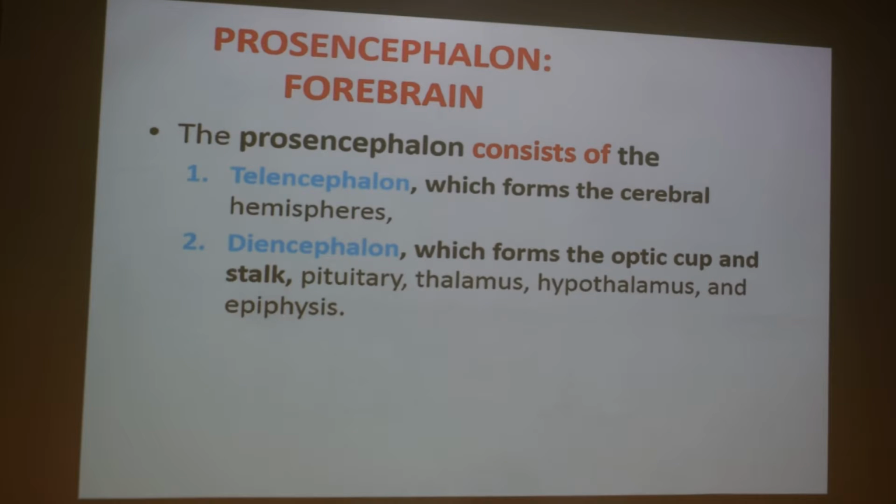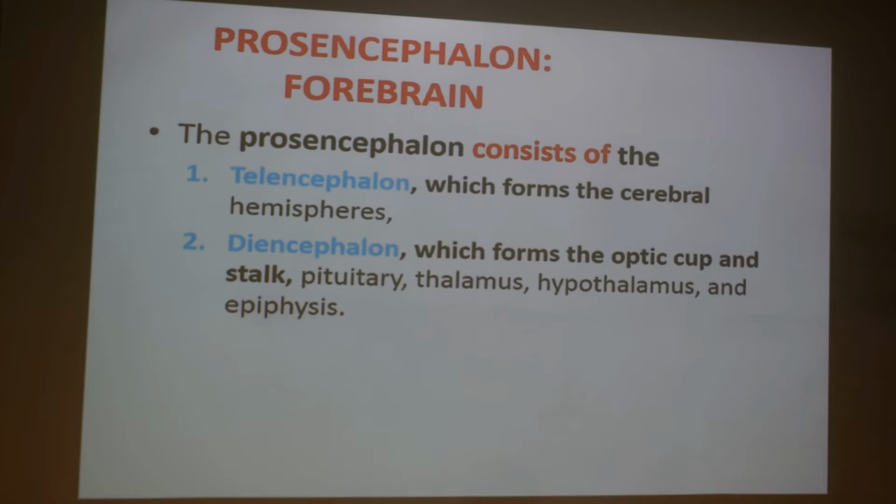The other thing which we said about the prosencephalon is that there would be no more basal plate. So what you would have is the alar plates only. You have the alar plates and the roof plate, but you don't have the basal plate. So in the prosencephalon there is nothing coming out from the basal plate. You have the alar plates which have increased in size, and there is a roof plate which is going to give rise to the choroid plexus and things like that.